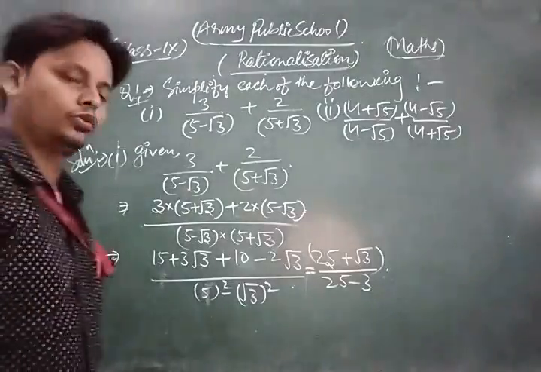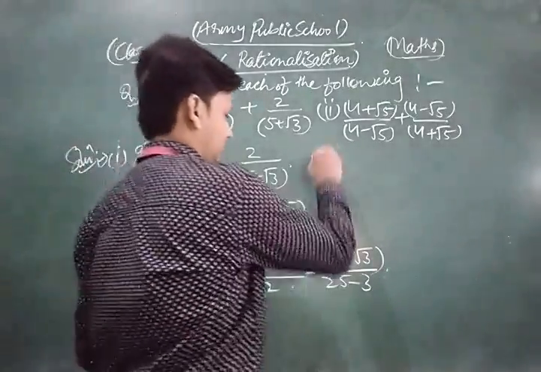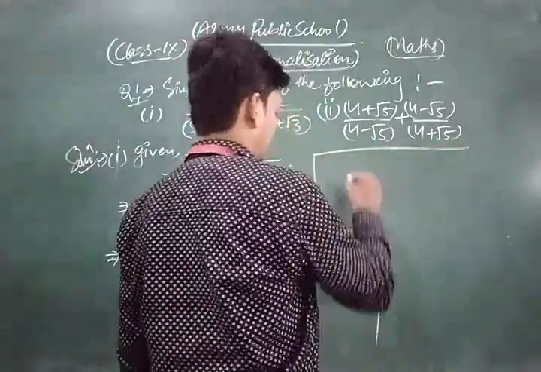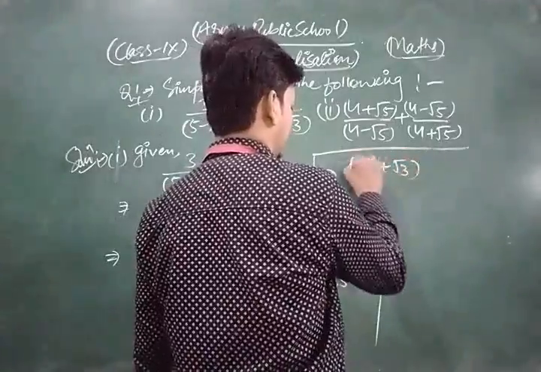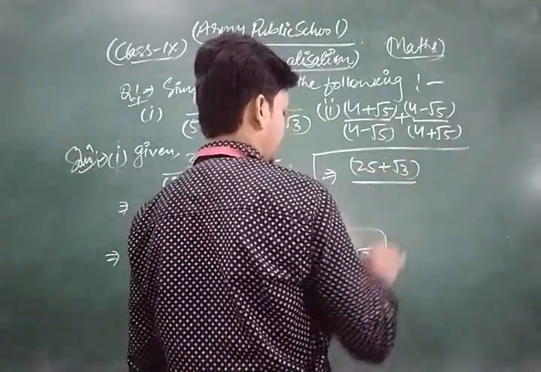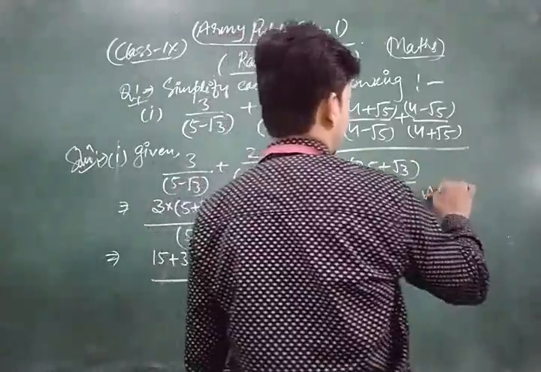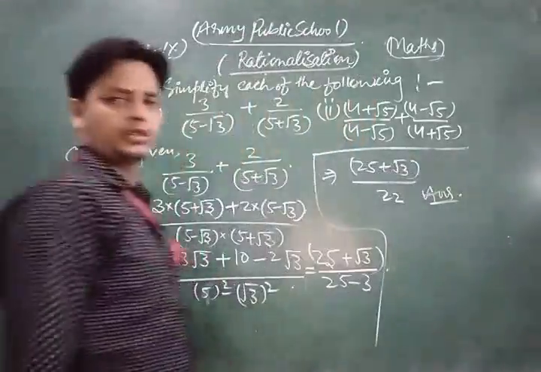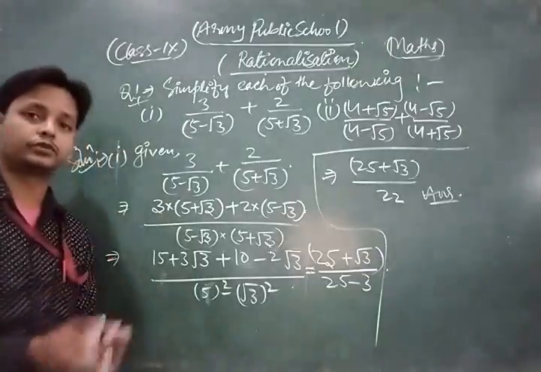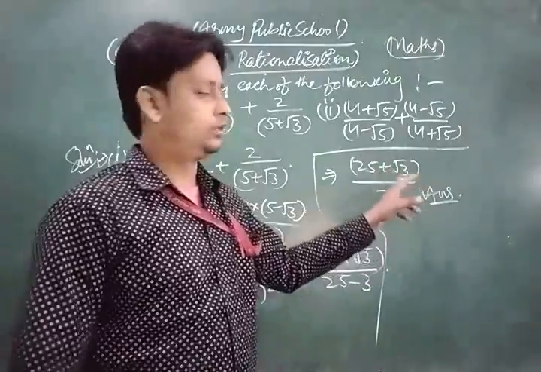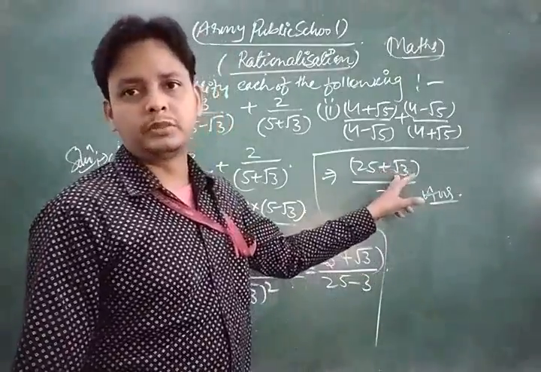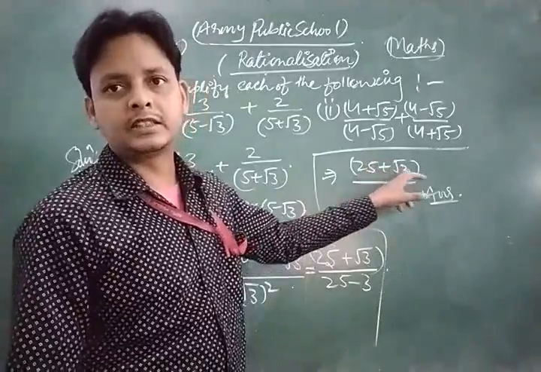Okay, so we get 25 plus root 3 upon 25 minus 3, that is 22. This is the required solution. Because, dear students, we can never add 25 and root 3 because one is rational and the other is irrational.